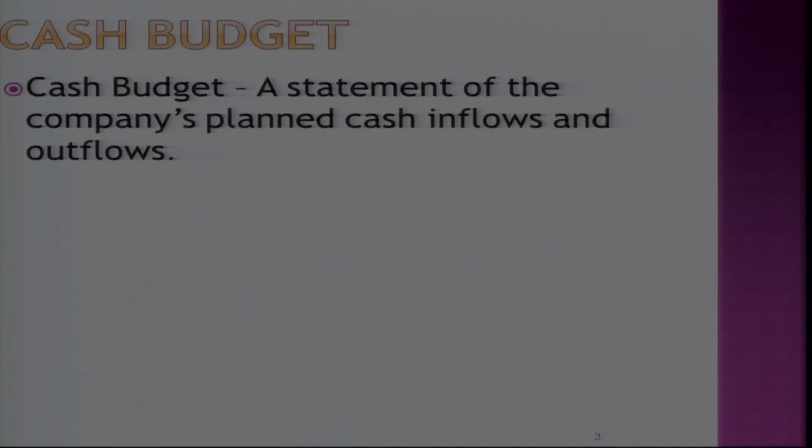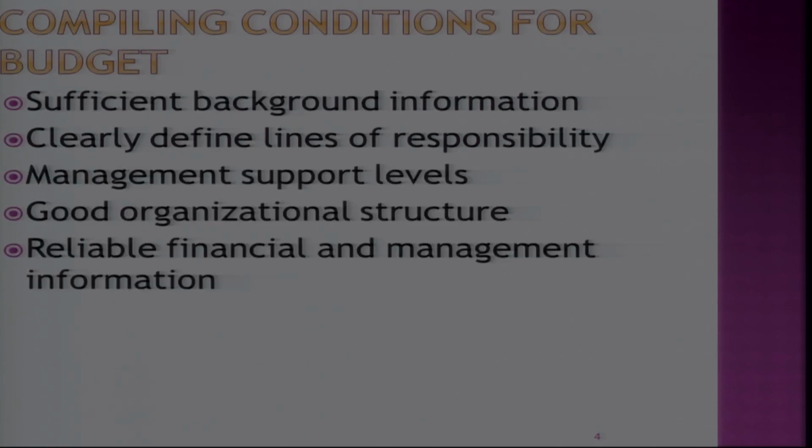Now, a cash budget is a statement of a company's planned cash inflows and outflows, right? Remember, with our financial statements, a cash budget actually assists the cash flow statement. So this is a statement of the company's planned cash inflows and outflows.